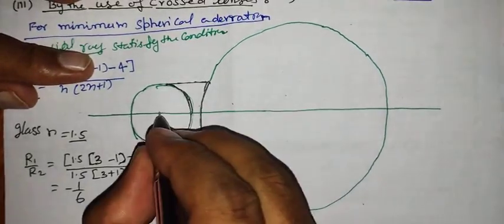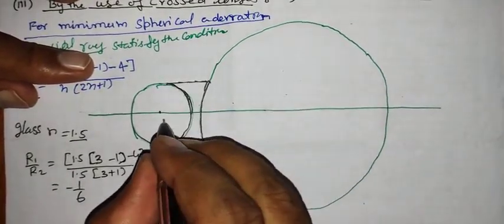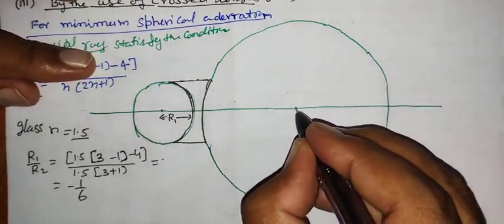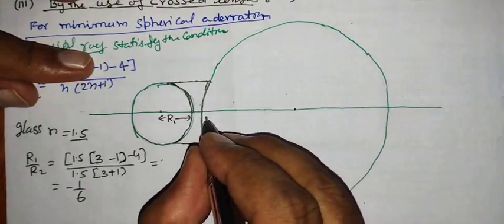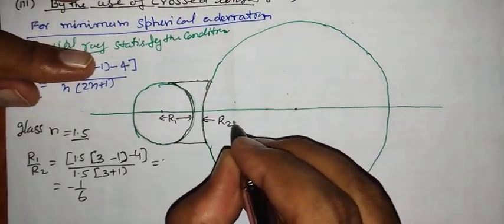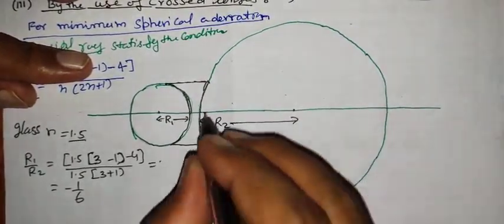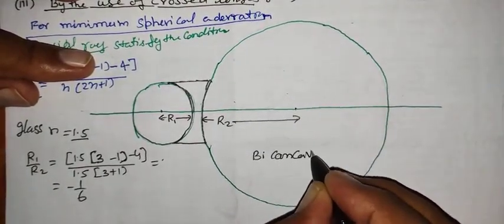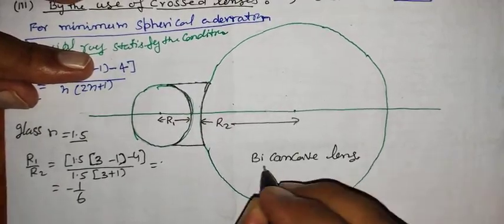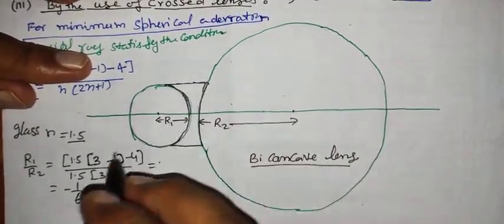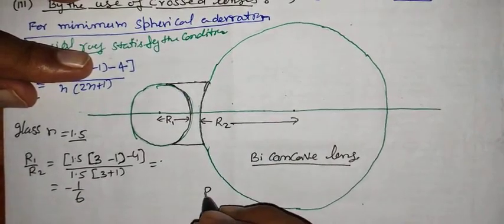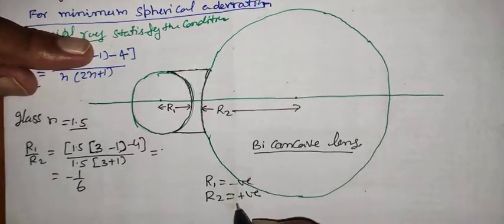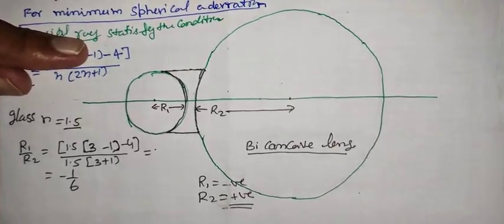See very carefully, the radii of curvature of the first surface is R1 and of the second surface is R2. In the concave lens, R1 is negative and R2 is positive in this case. Clear?